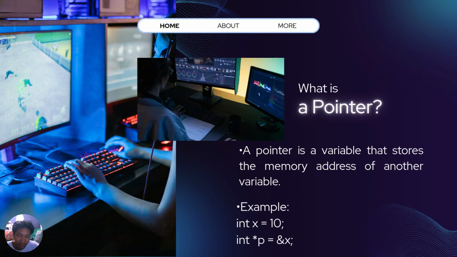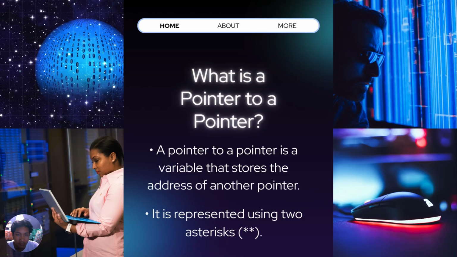The symbol & means address of, so p now stores the address of x. If we use *p, we get the value of x, which is 10. So to summarize this, x stores the value, p stores the address of x, and *p is the value of x.